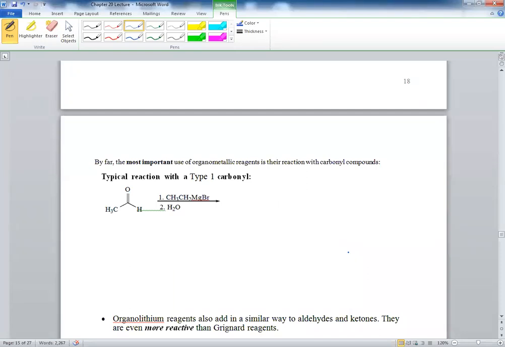So let's look at an example here. Let's look at type 1. Remember, type 1 is aldehydes and ketones. So we have an aldehyde, acetaldehyde, and an organometallic reagent, a Grignard reagent. Let's bring it here to show you the mechanism and how the reaction will proceed.